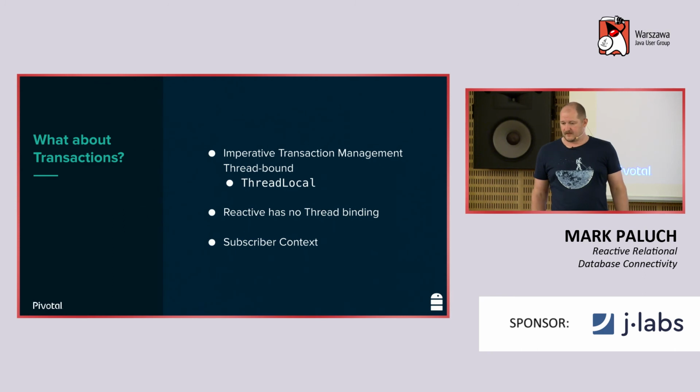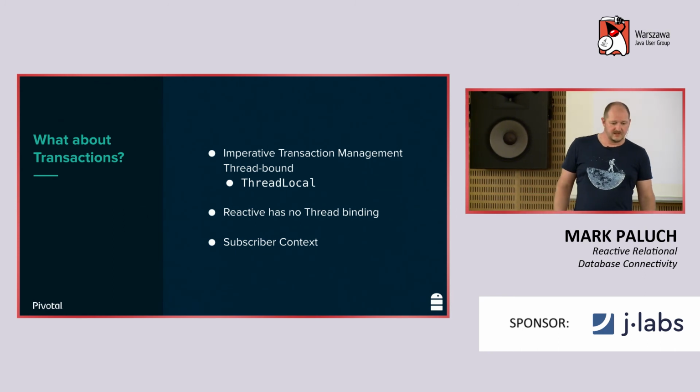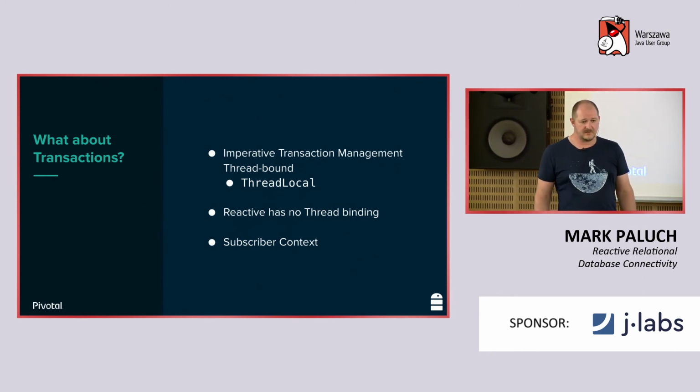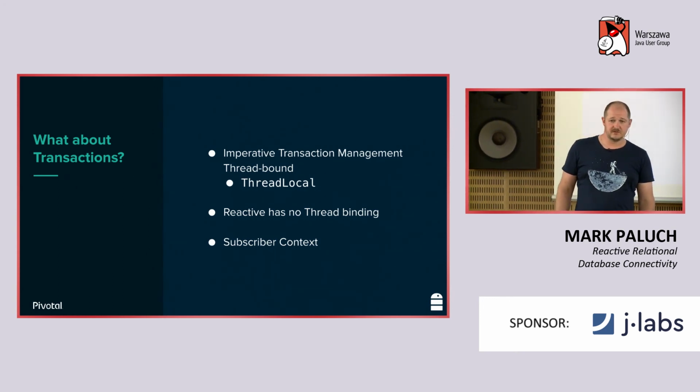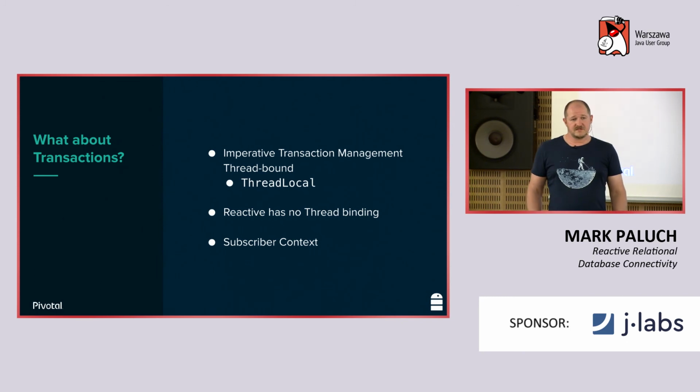Now, Juergen already told us there is an upcoming feature in Spring Framework 5.2, which is reactive transaction support. And reactive transactions are very different from imperative transactions. See, when we go back to that imperative style programming model, we have this implicit assumption that all code runs on the same thread.